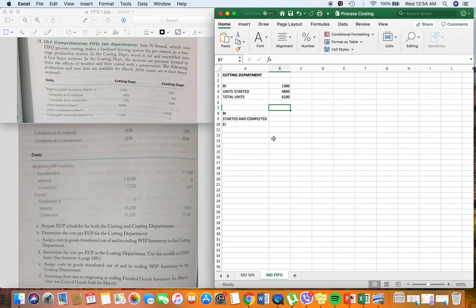Okay? So, for the actual units, of course, we all know that the total units to be accounted for are either completed or left in the ending inventory. So, let's do this, no? Let us account for the actual units first. Our total units to be accounted for is 6,100.